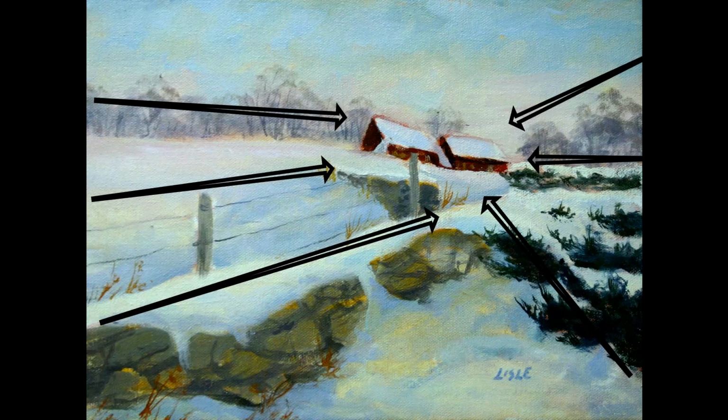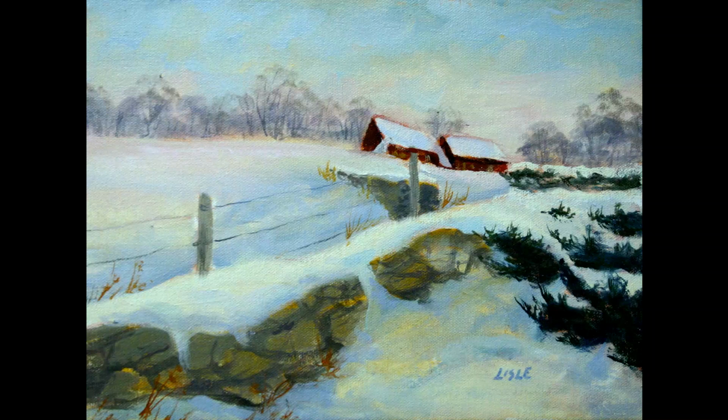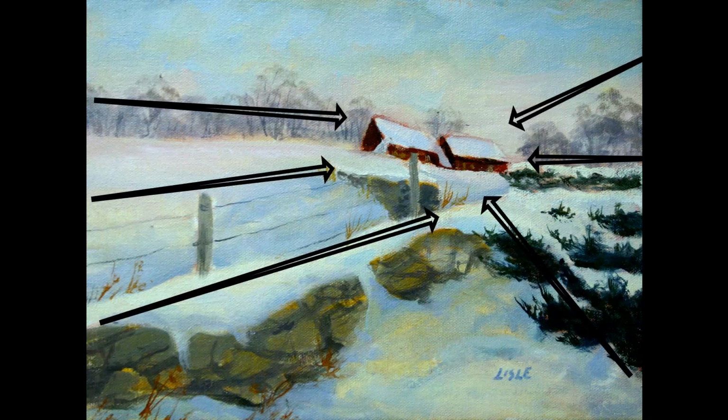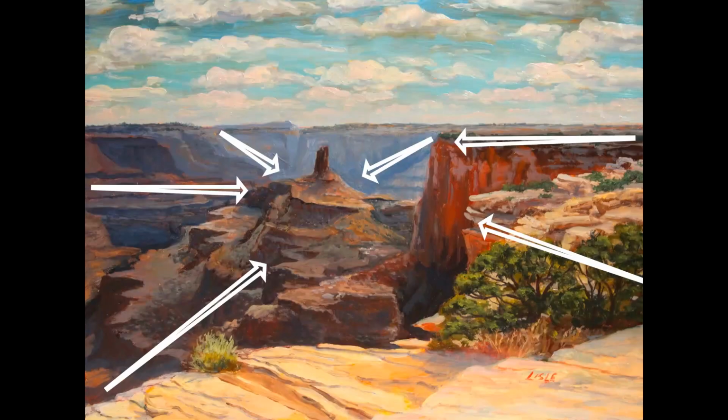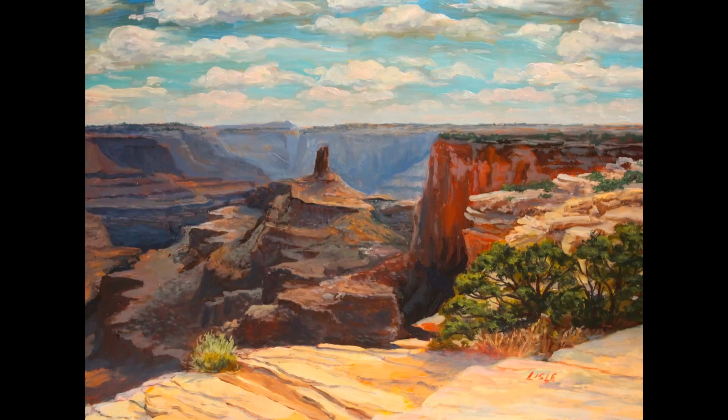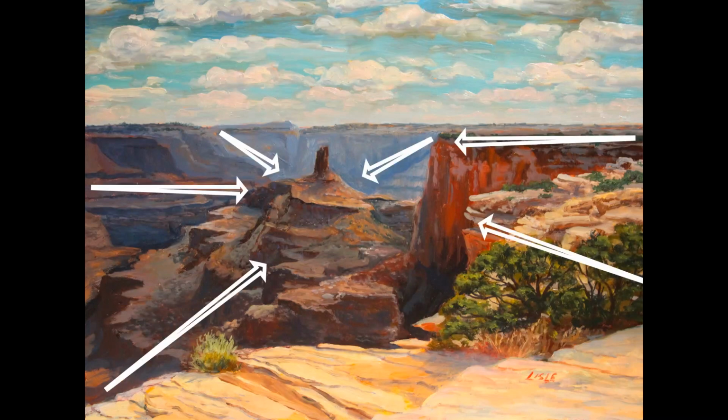With the winter painting of the farm, I have arrows again showing you how lines in the painting direct the viewer to the barn, which is the center of interest. The painting of the Grand Canyon at Dead Horse Point also shows arrows that point the viewer to the center of interest. With this painting, the lines help you as the center of interest is not as strong as the other paintings.